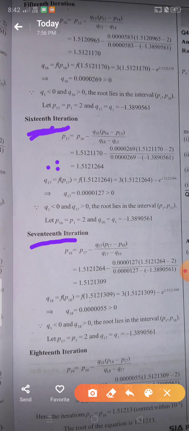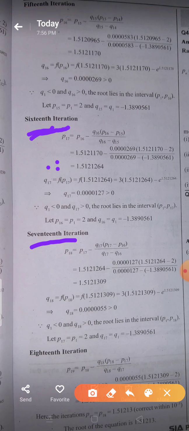Next, now we will find out Q18. Q18 is equal to f of P18, which is f of 1.5121309, equal to 0.5055. This is greater than 0.